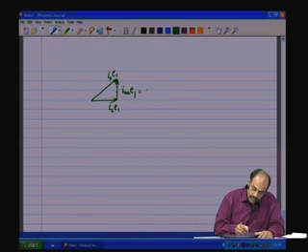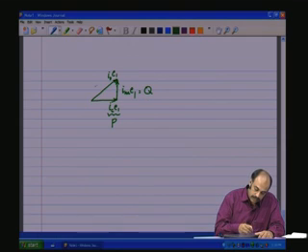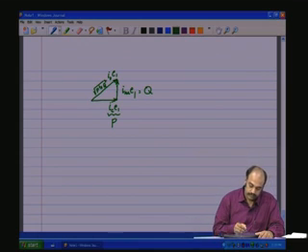So, this will be, let us say, a reactive power Q. This will be the active power P, which is drawn from the source, and this is going to be root of P square plus Q square.